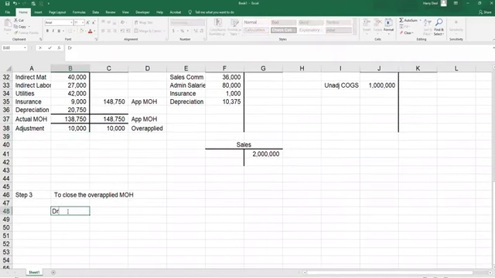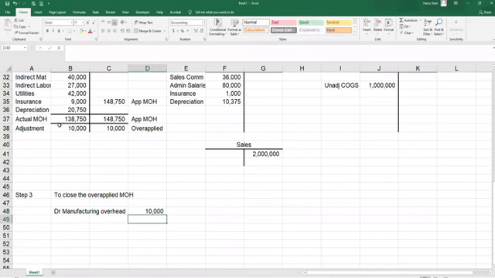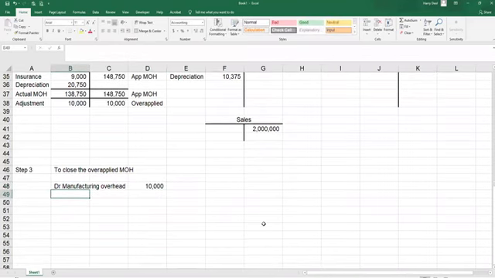So debit manufacturing overhead by 10,000, and you want to credit work in process, finished goods, and cost of goods sold.